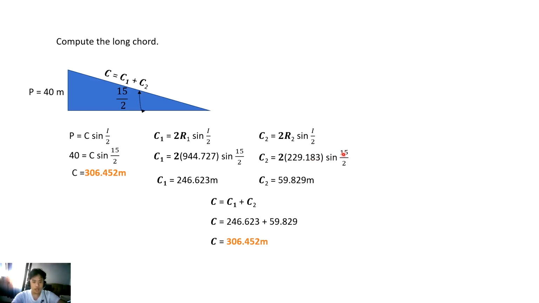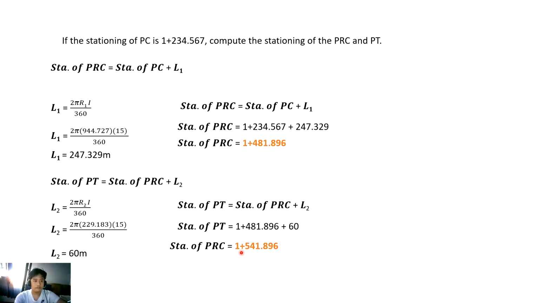Then, sin I over 2. So, ang I natin ay 15. So, ang C2 natin ay 59.829. So, kung gagamitin natin tong formula na to, pag-add natin silang dalawa, and we'll get 306.452 meters. So, kung mapapansin natin, pareho pa rin sila. So, tama ang pagkuha natin ng long chord.